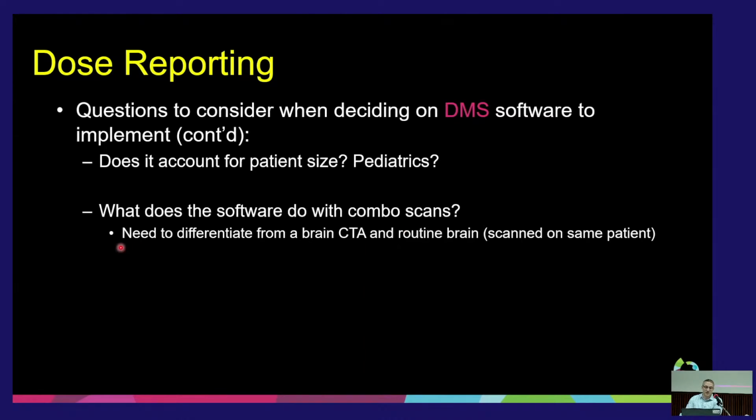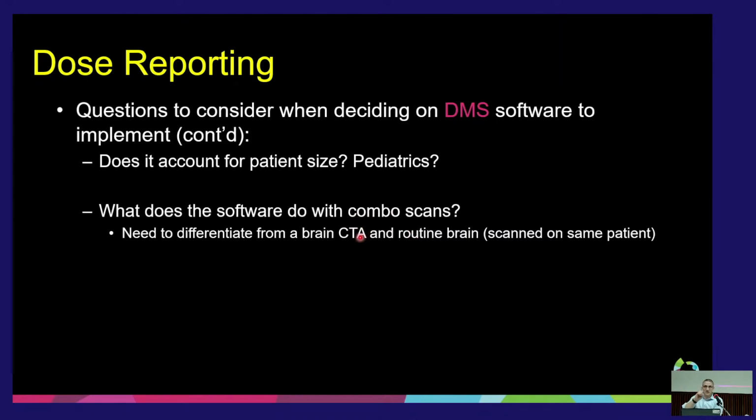Some softwares on the market, when you have not a two-phase, but actually a scan with an add-on, say you start with a routine brain and then they add a CTA on, or vice versa, will take the two and average them together.